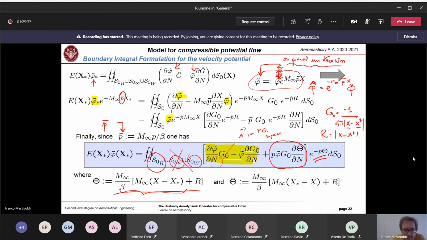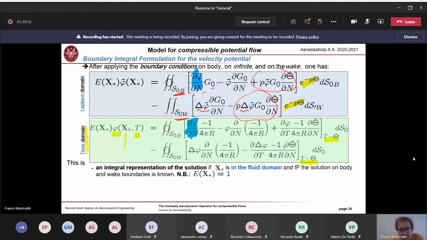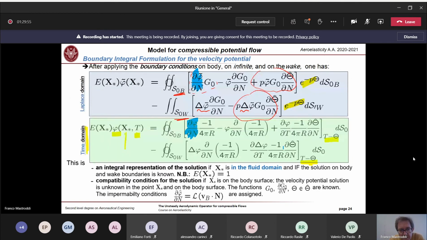The delay depends on the x star receiving point and the x emitting point, both. So in the discretized vision, this delay depends on a double index.